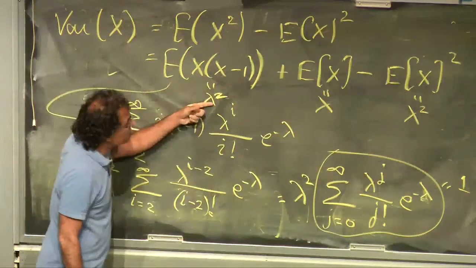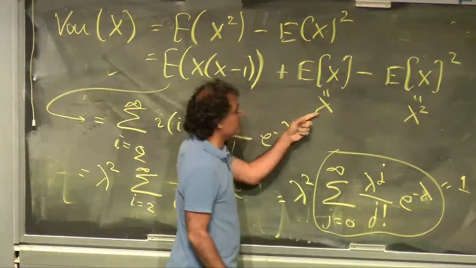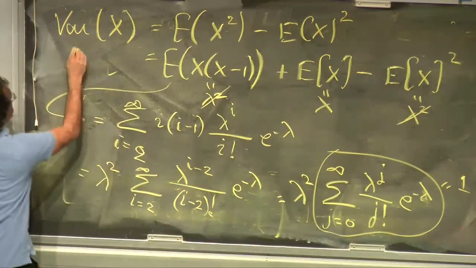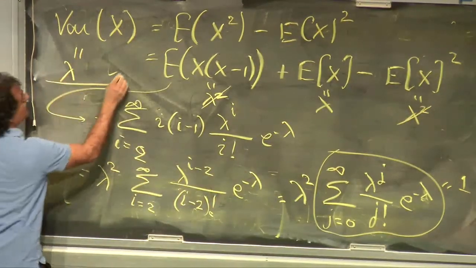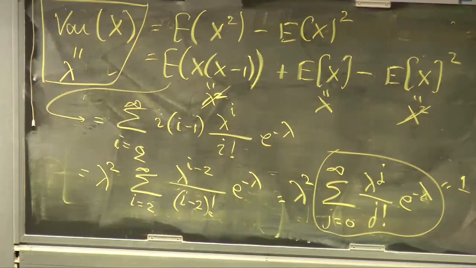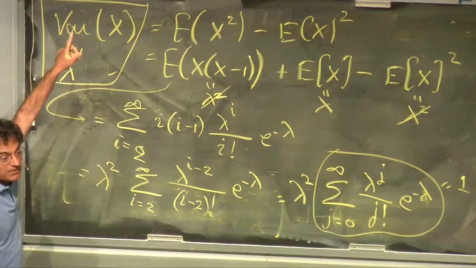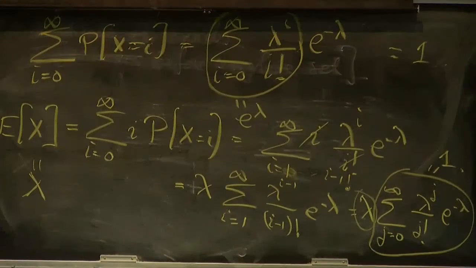Okay, so we get lambda squared minus lambda squared plus lambda. These two cancel. And so variance of x equal to lambda. Okay? So the Poisson random variable is a random variable with expected value lambda and variance lambda.